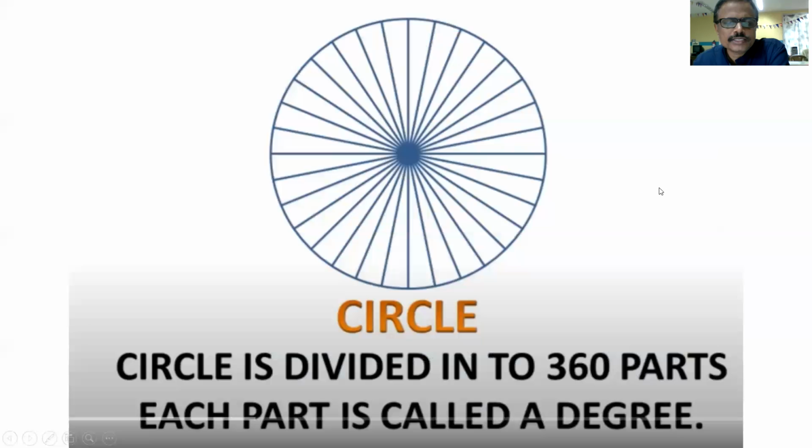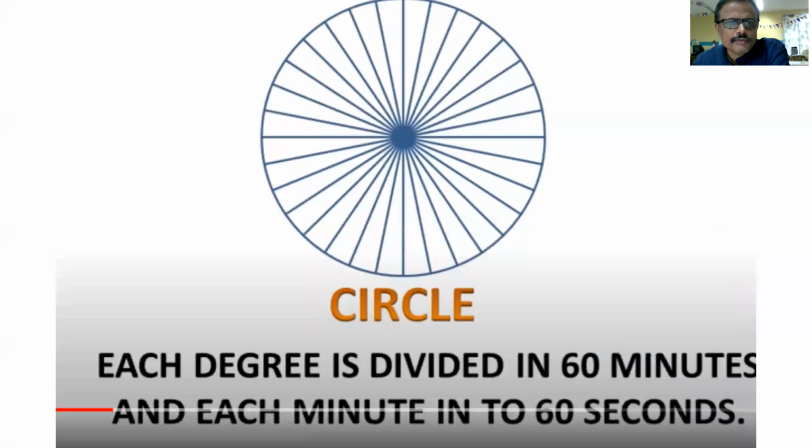And each part is called a degree. Now that degree can be divided into 60 minutes. Each degree can be divided into 60 minutes and each minute can be divided into 60 seconds.